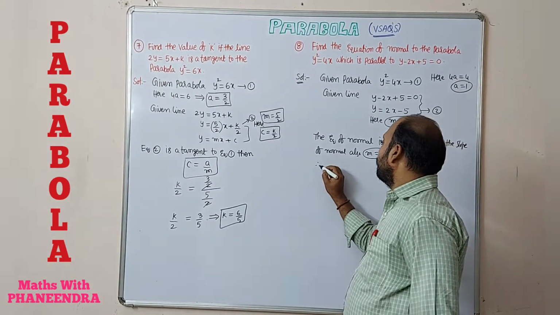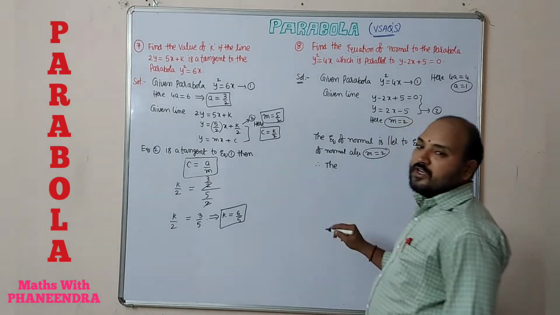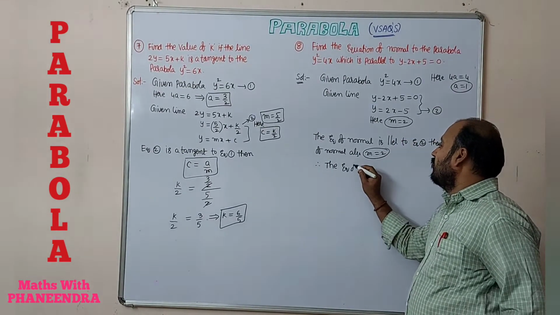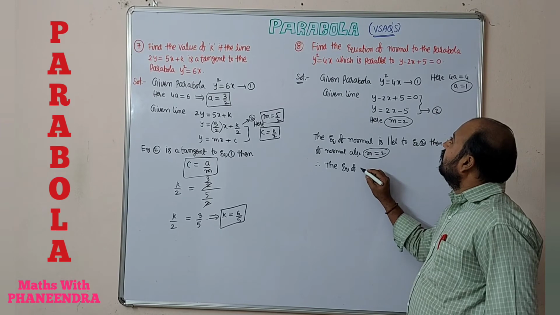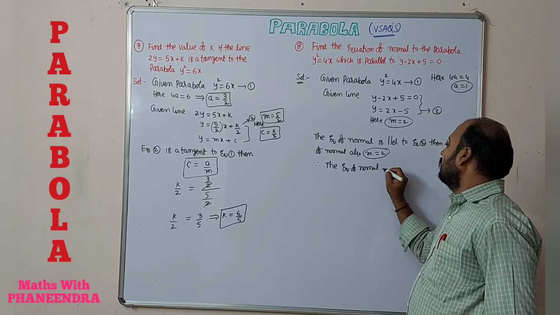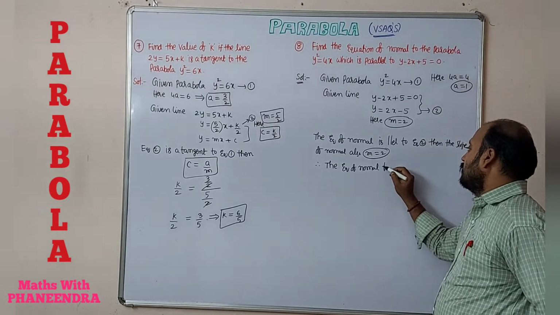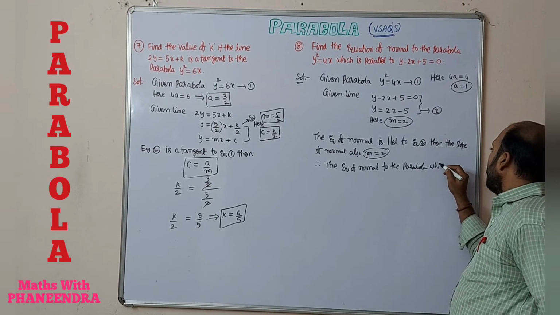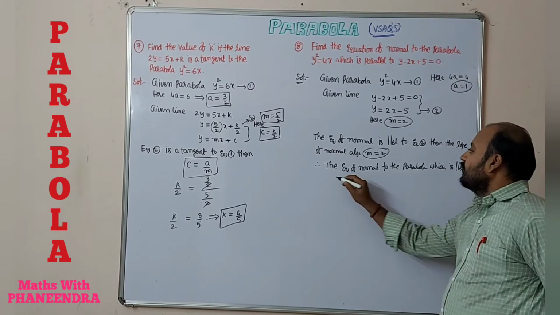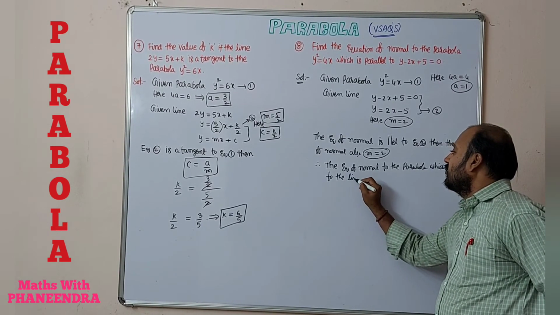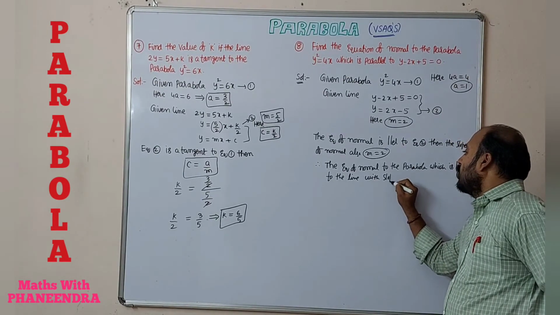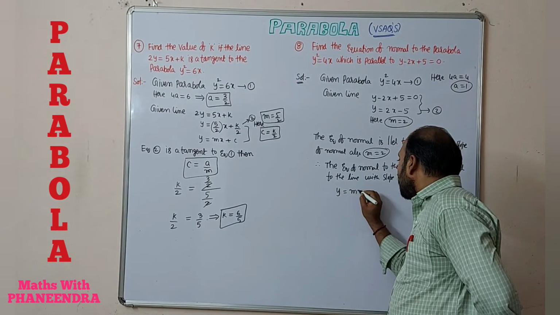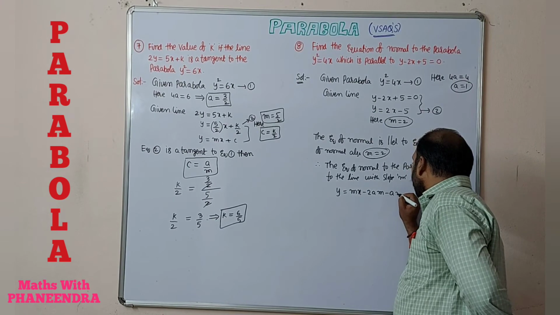So therefore, the required equation, the equation of normal to the parabola, which is parallel to the line with slope m, is y is equal to mx minus 2am minus am cube.